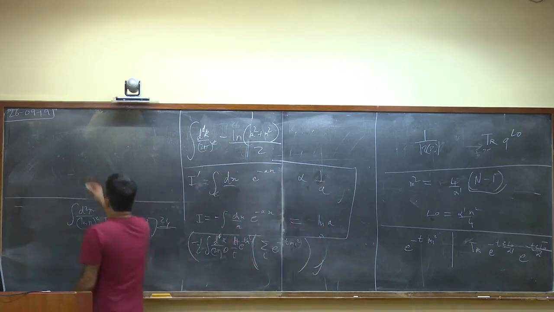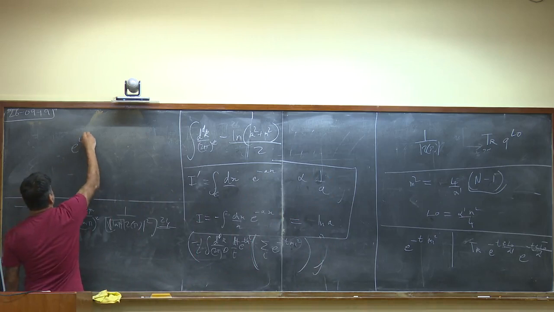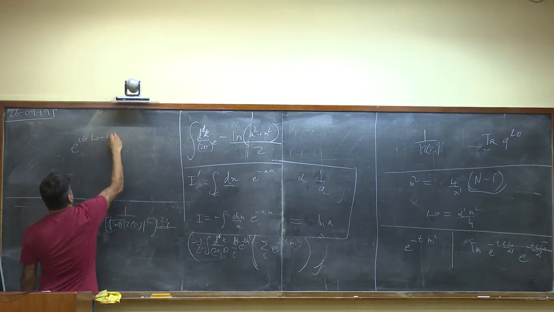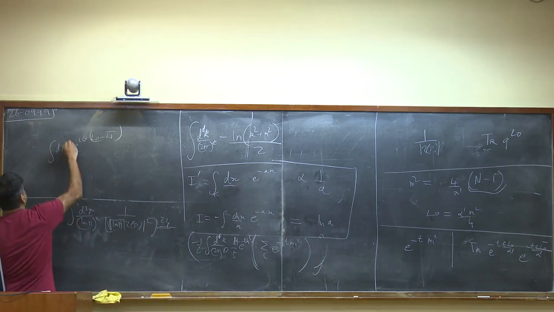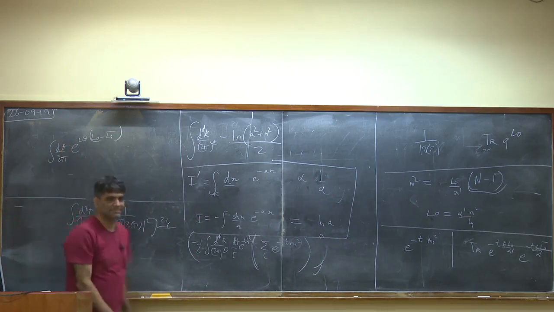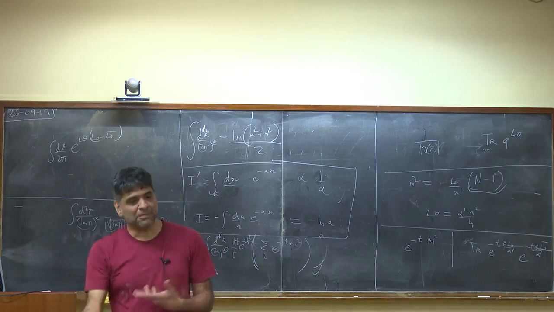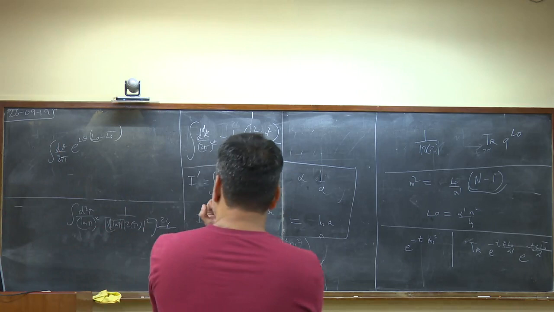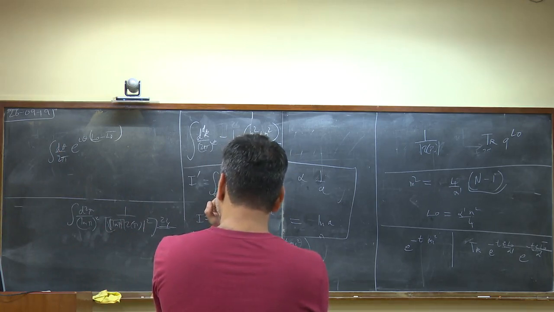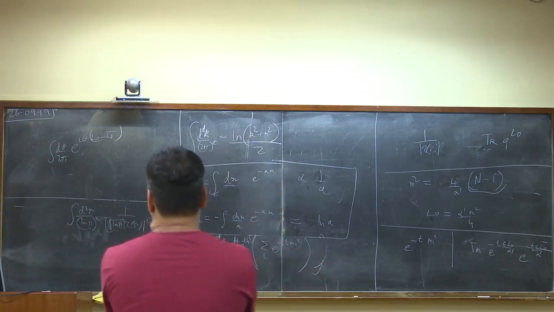So all we have to do is to put an e to the power i theta (L0 minus L0 bar) and do the integral d theta divided by 2 pi. If it's an integer, that's a delta function. Exactly.